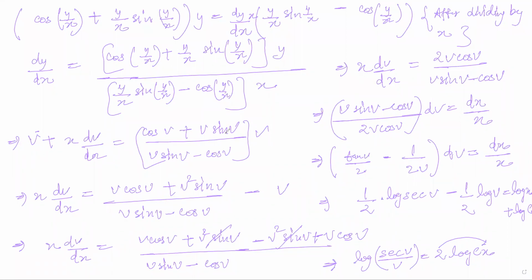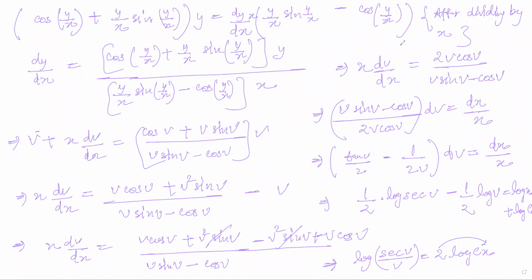In case of homogeneous DE, you will not be able to separate out the variables directly, just as you were doing in variable separable form. But what you can do is apply these two substitutions. And after these substitutions, the form will become variable separable only.